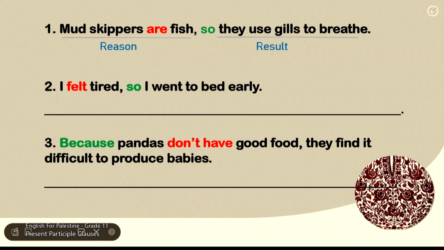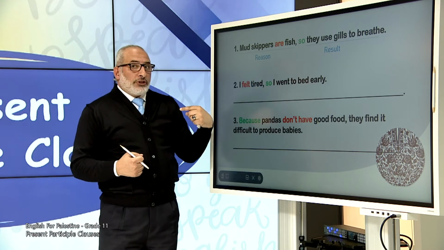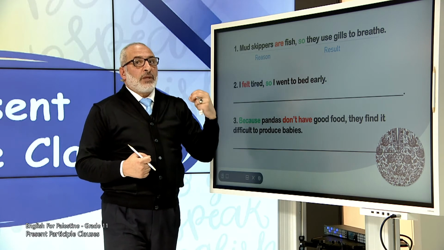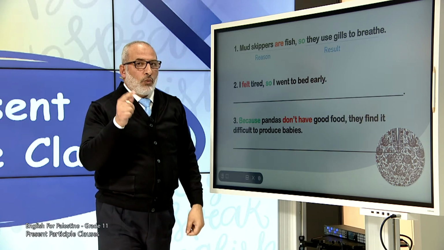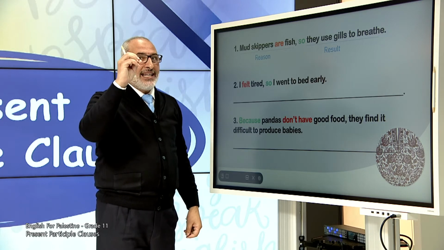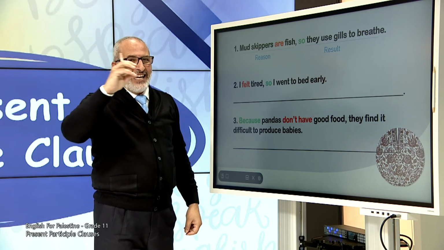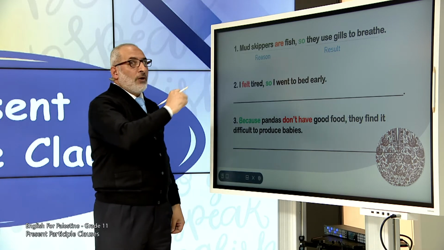And here we have so, connecting the reason and the result. I want to write it using present participle clause. Again, what is the form of a present participle clause? Yes, the ing form of the verb.